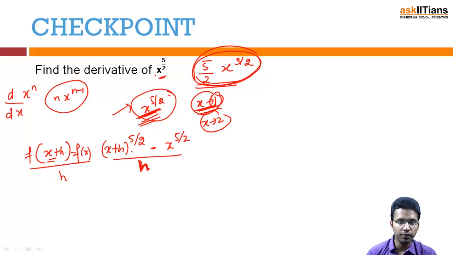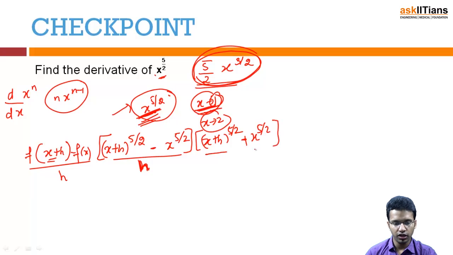It looks a bit complex, but this is raised to power half kind of thing, so we can factorize this. x plus h raised to power 5 by 2 minus x raised to power 5 by 2 in the numerator. The denominator we keep as it is, because when we substitute h equal to 0, this will be x raised to power 5 by 2 and this will also be x raised to power 5 by 2.